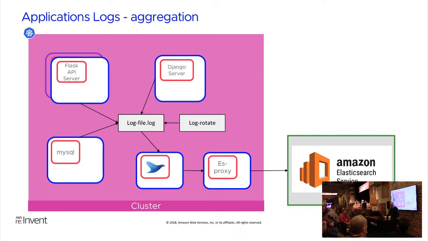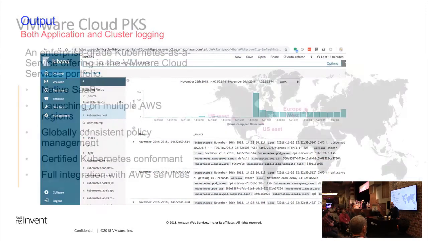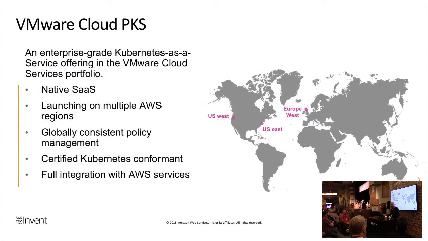Just as a quick note, the Kubernetes service I used in this setup was something called VMware Cloud PKS. It actually runs in Amazon. It's a SaaS service that we built that allows you to effectively bring up a Kubernetes cluster in 3 steps.